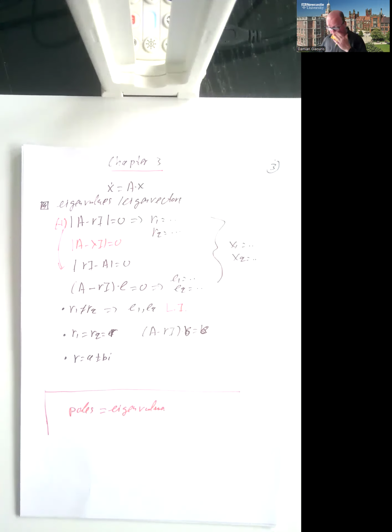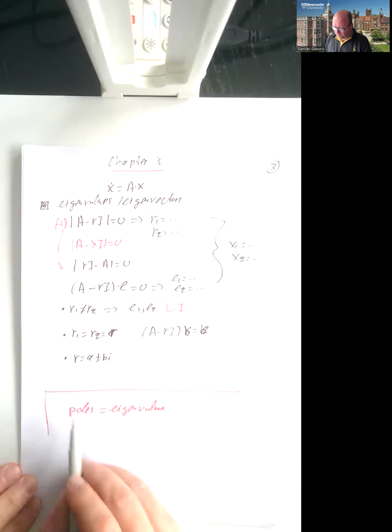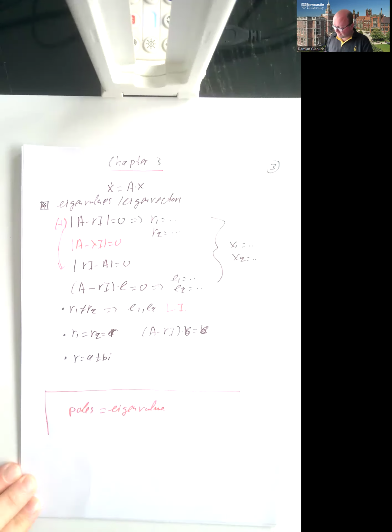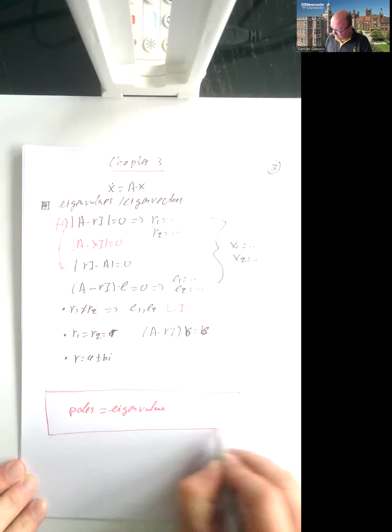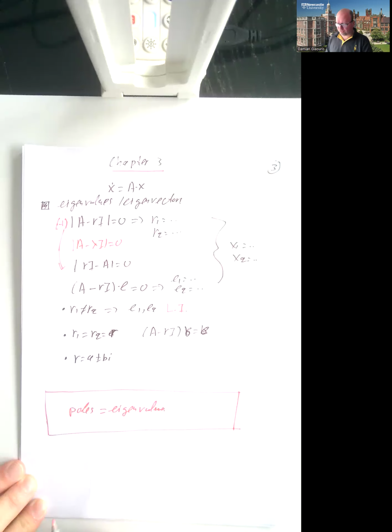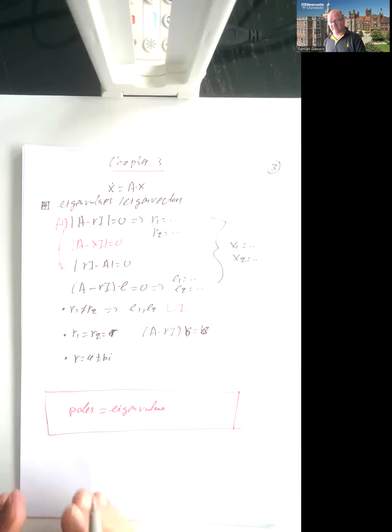We usually use poles on transfer functions and eigenvalues on state space models and ODEs, but it is the same thing. So we have open loop poles, open loop eigenvalues, closed loop poles, closed loop eigenvalues, eigenvalues of the aerodynamics, poles of the aerodynamics. It is exactly the same thing.